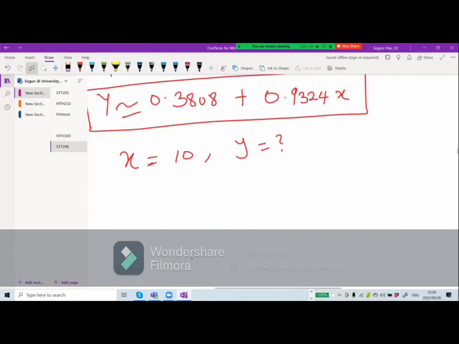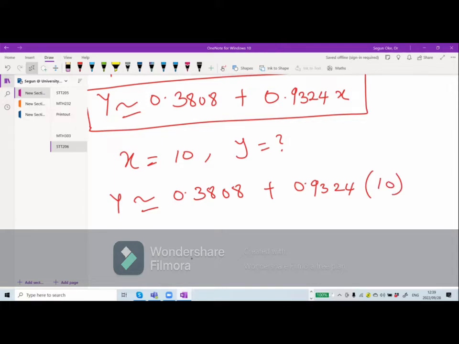You can just say y approximately equals 0.3808 plus 0.9324 in brackets times 10. So multiply it together. What is y? 0.3808 plus what?